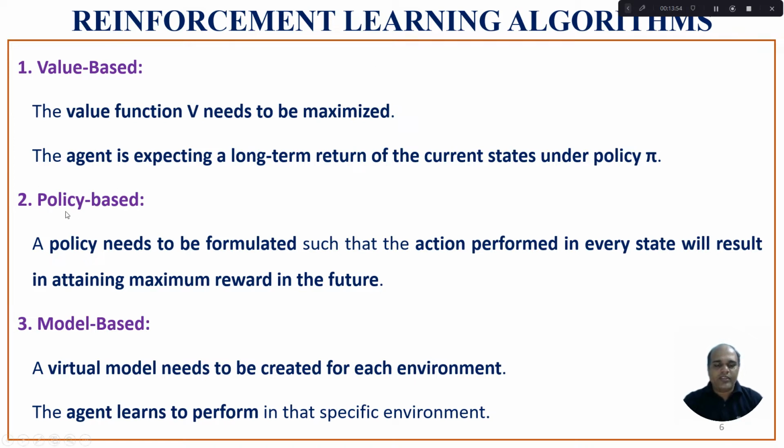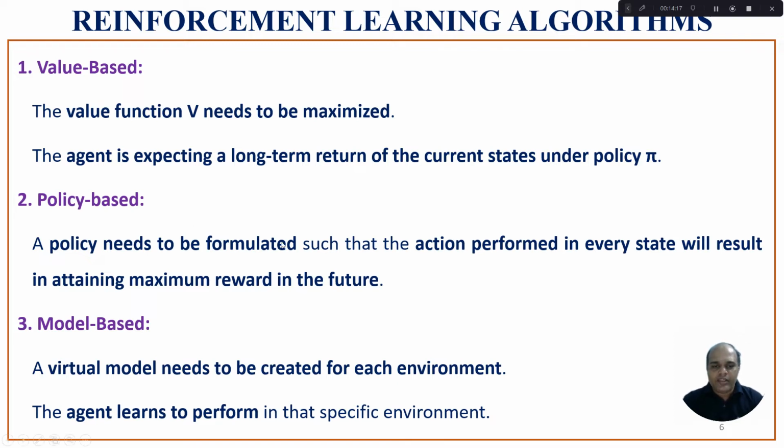Second one is policy-based. It is action-based. In the first, we need to see whether our action results in a higher value or not, whereas in the second algorithm, it is policy-based. So what type of action should be performed so that the agent reaches the destination or gets the maximum reward?